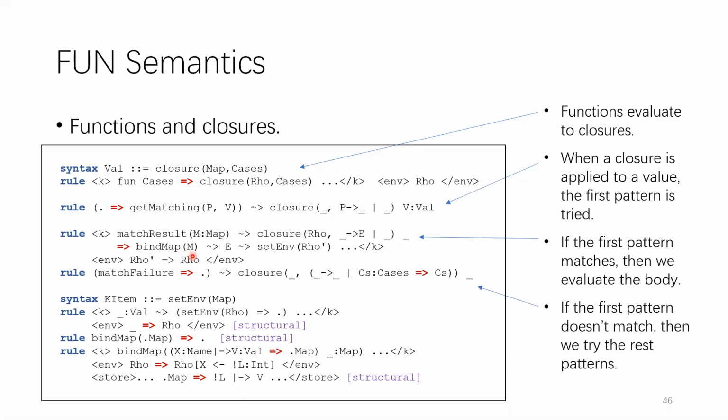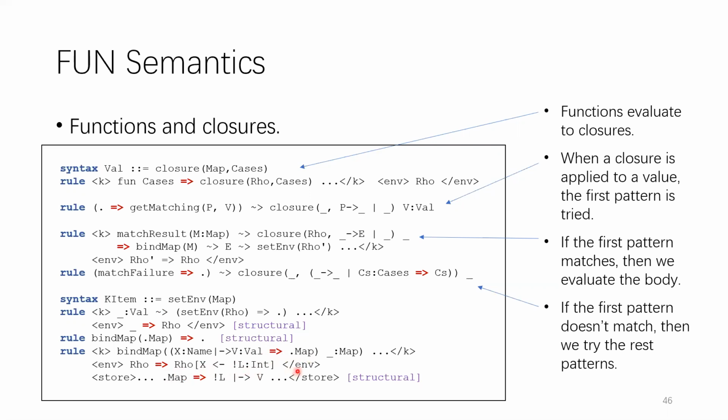And what we're going to do is to add these values to the environment. The way that we do that is we match the first binding and we delete it. So we rewrite it to empty map. That's how we delete a thing in K.